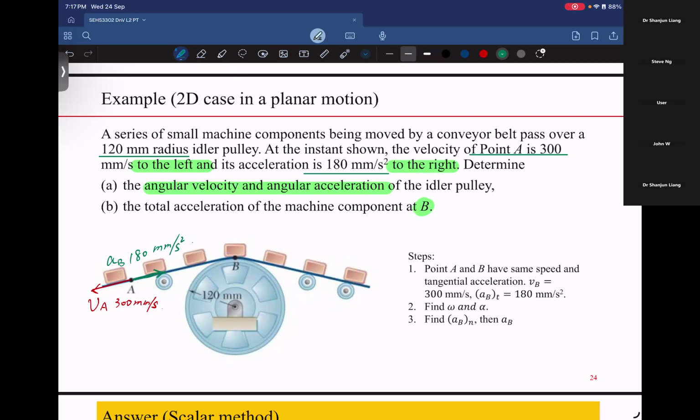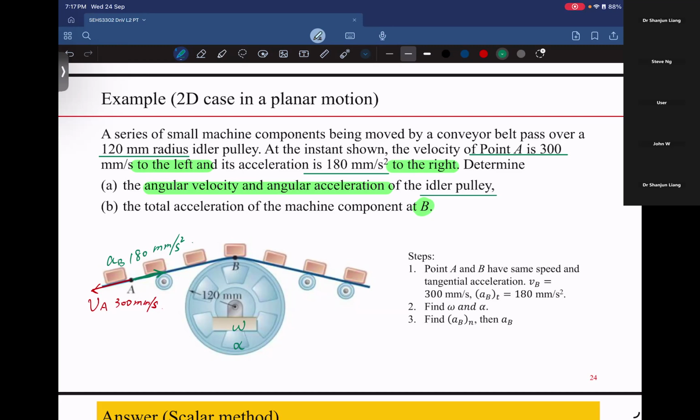And based on this, what can we do? We need to talk about the idler pulley. For the pulley, the omega and alpha are all on this wheel. Therefore, we need to use the belt information to analyze the wheel. Therefore, there is a critical point we need to use. What is the point?